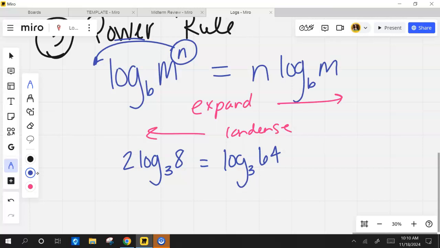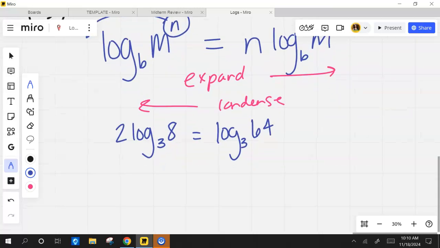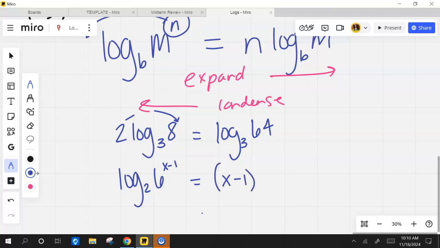No, the 8 is the exponent. Oh, yeah, you're right, David. What is 8 to the second power? Expand that one. Yeah, x minus 1 from the front. Put it in parentheses because the whole thing is being multiplied.